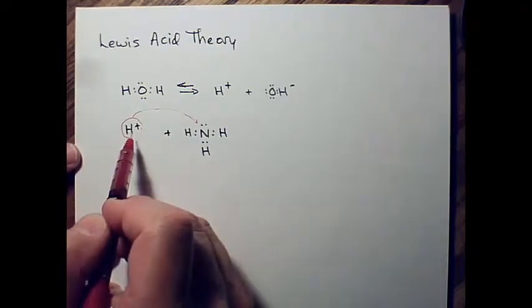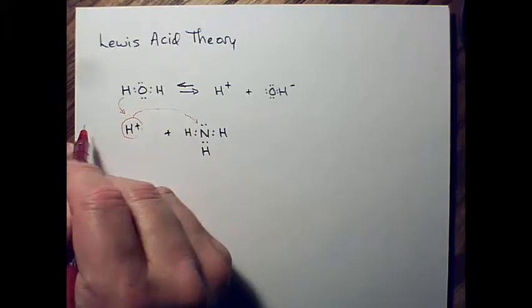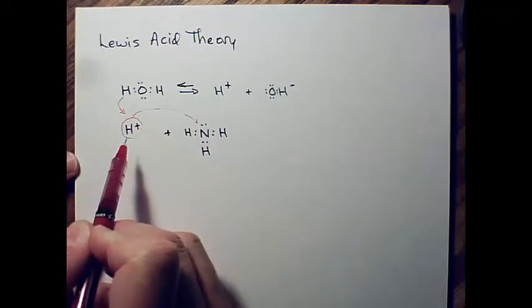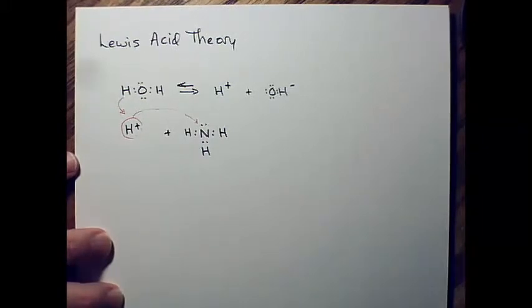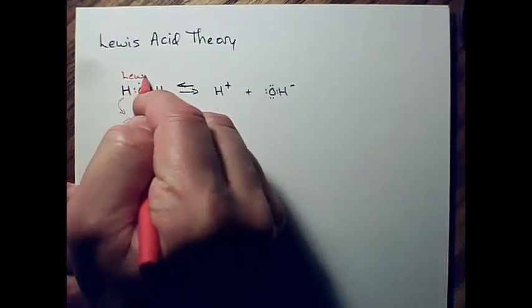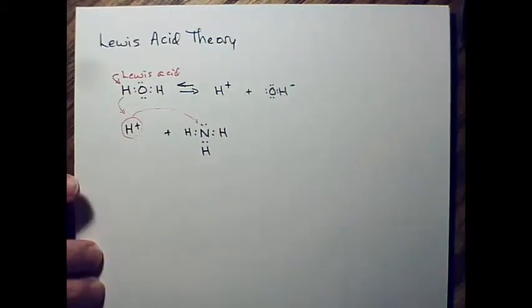And because this chemical species here came from this one, this is a Lewis acid, and you would also say this is a Lewis acid. They're kind of one and the same. Alright, that's a Lewis acid.